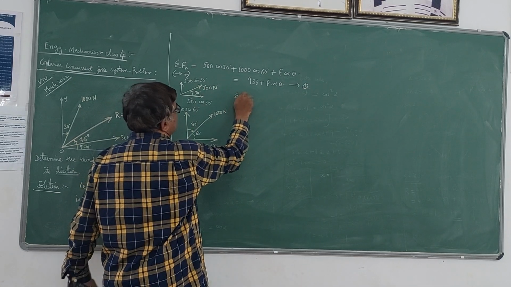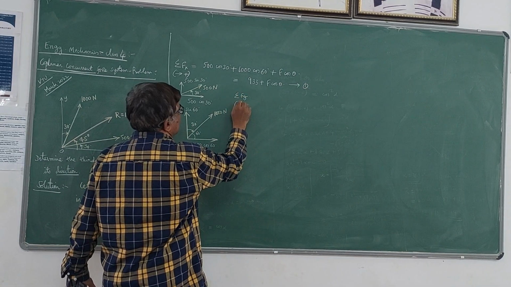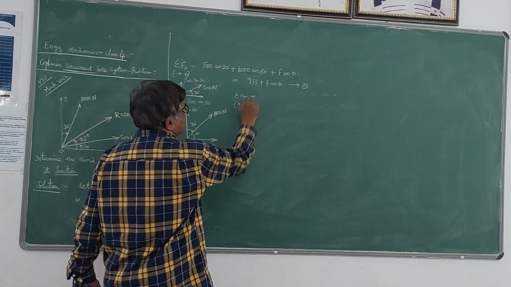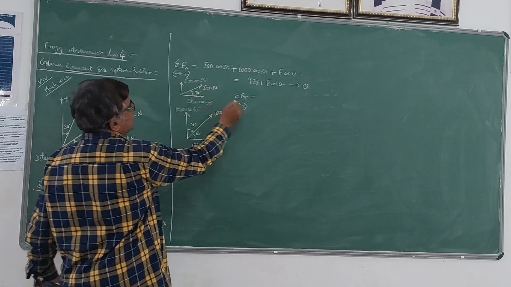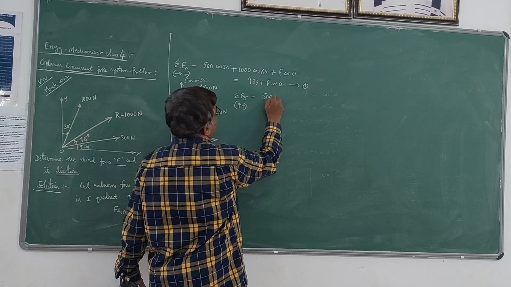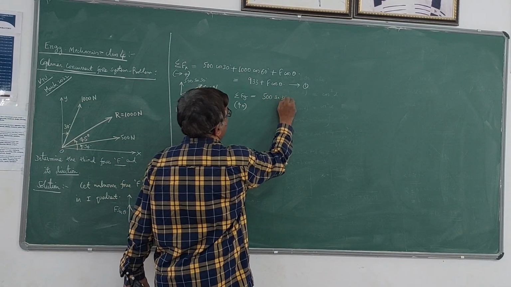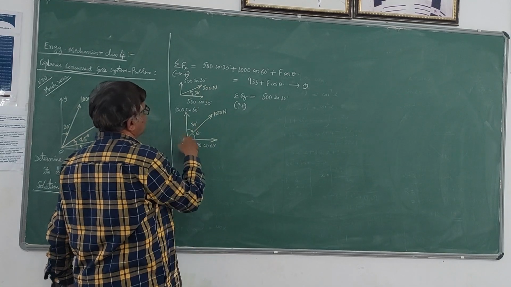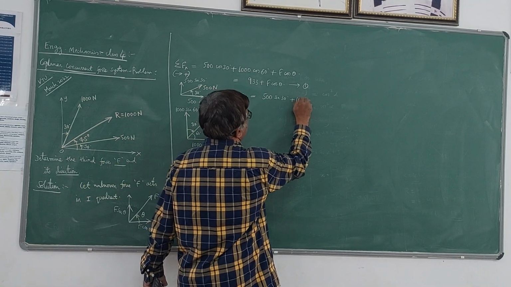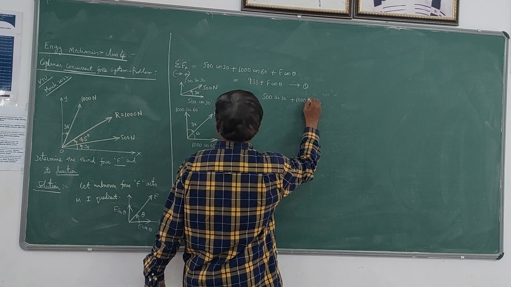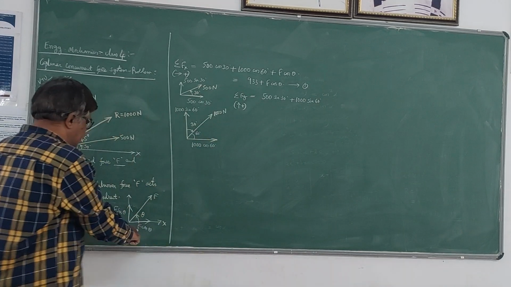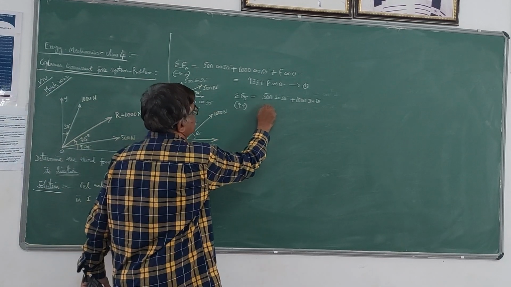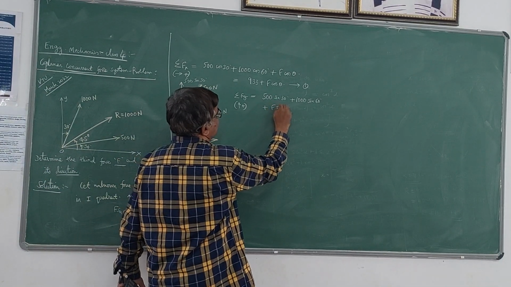Next, I will take sigma Fy. Here, force acting upwards is positive and downwards negative. So the component of this will be 500 sin 30 upward, so it is positive. The component of this is also upwards, plus 1000 sin 60. And the component of this also is upwards, therefore positive, plus F sin theta.